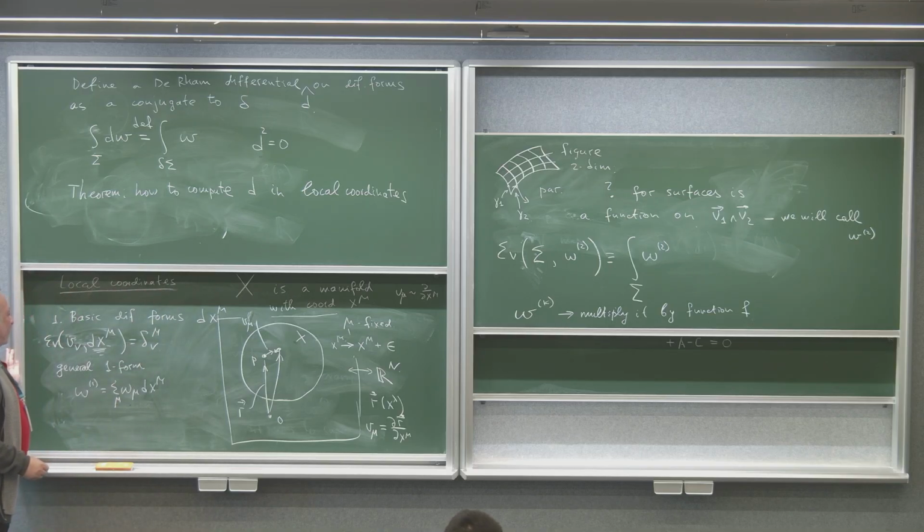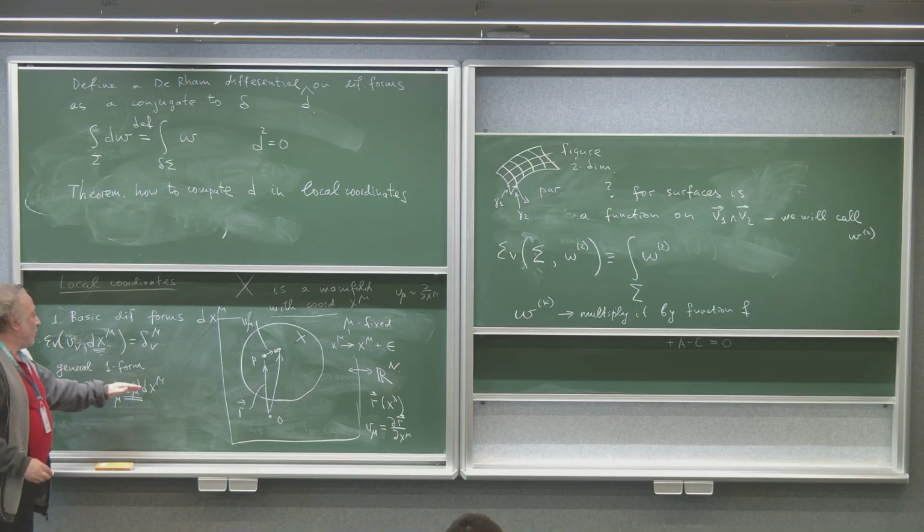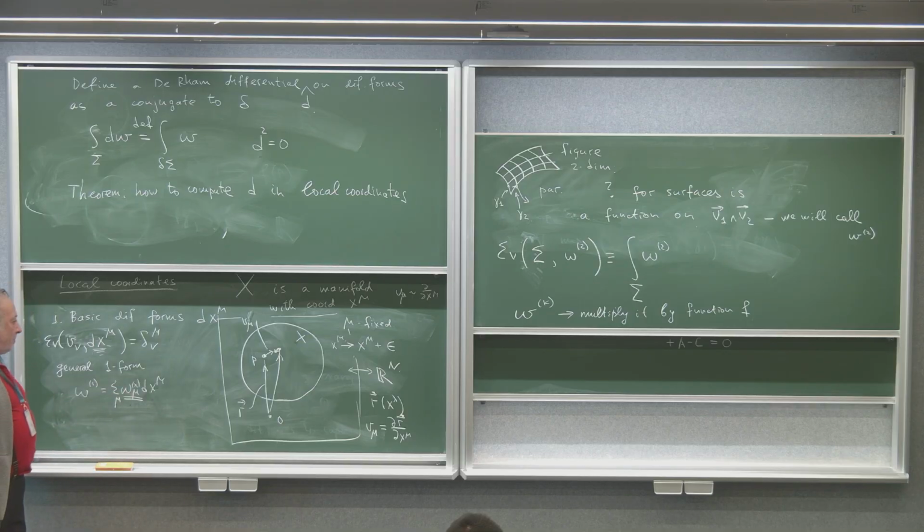This is related to the description of the form. And these omega mu I will call components of the differential form. Okay?